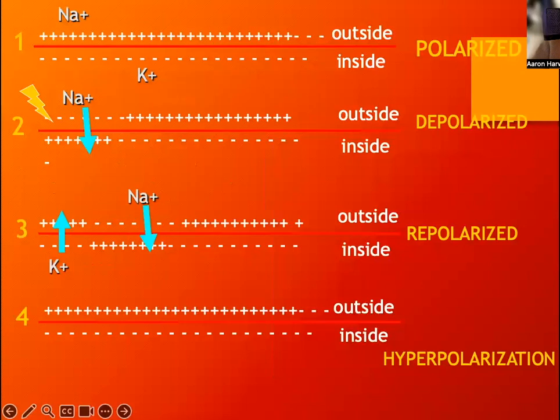Repolarization, calcium or some sodium is coming in, but it's mostly being reuptaken, and then potassium is rushing out. And then with hyperpolarization, this is almost showing more of a balance, but really there is a state where there's a little extra potassium, it hyperpolarizes, and then you reach this sort of more resting state here.